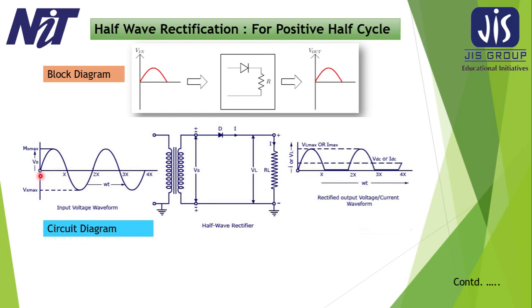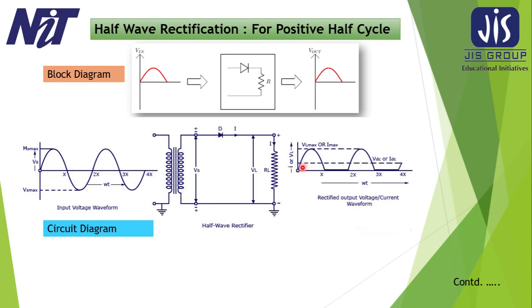Basically, if this is your household power line, it has a very large amplitude. So first you pass this high potential through a step down transformer, then the output of this transformer is connected to a half wave rectifier diode, followed by a load in series. So this is your high potential AC input signal, and after step down it goes to the rectifier.